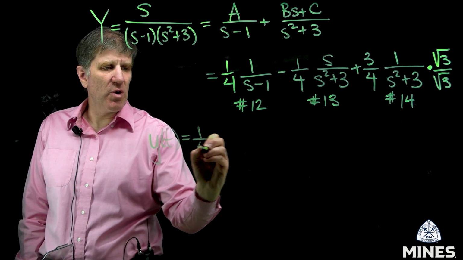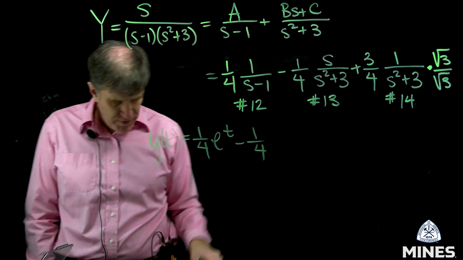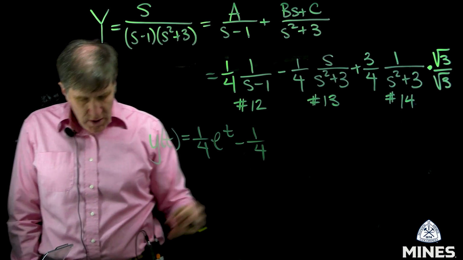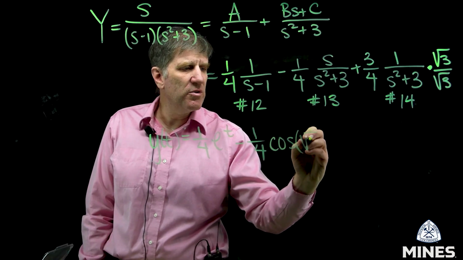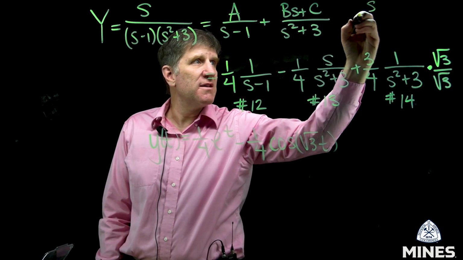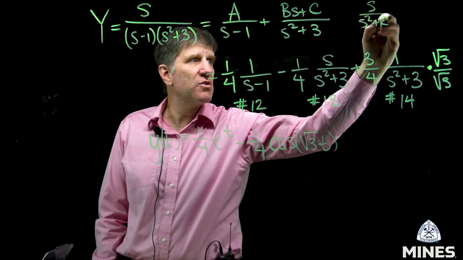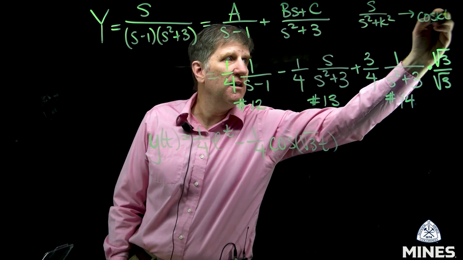The inverse is 1/4 e to the t minus 1/4 times the cosine of the square root of 3 times t, right? In the table, it was s over s squared plus k squared goes to the cosine of kt.